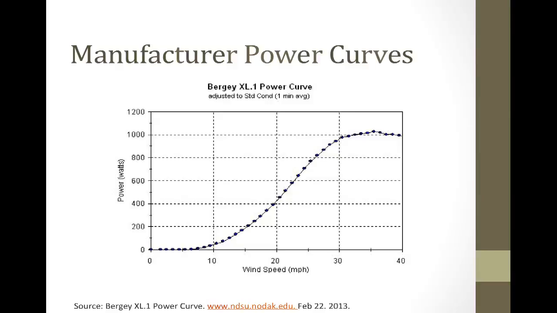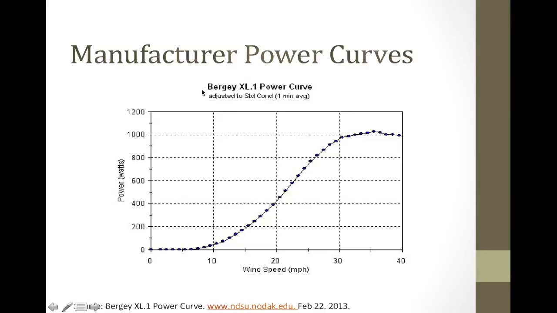But the point that I want to make here is that as I look at this, I can see when the wind speed is low, the power is low, right? So if the wind is only going 10 miles an hour, holy smokes, how much power am I going to get out of that Bergey XL1? Wow, I'm not even getting 50 watts out of the thing. Well, if the wind picks up to 15 miles an hour, I'm going to get 200 watts. What's the wind blowing today? About 10 miles an hour.